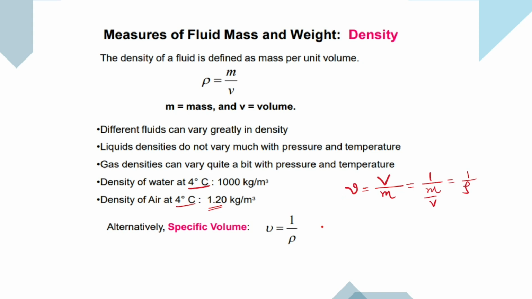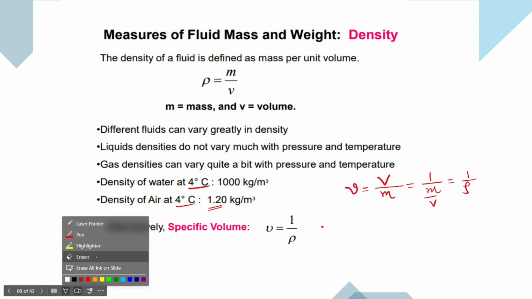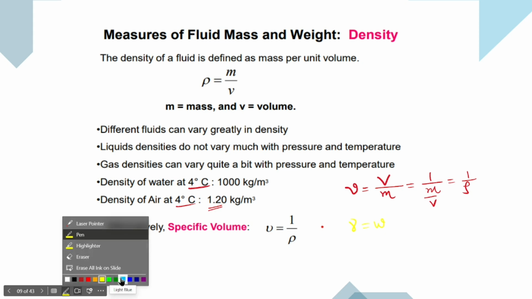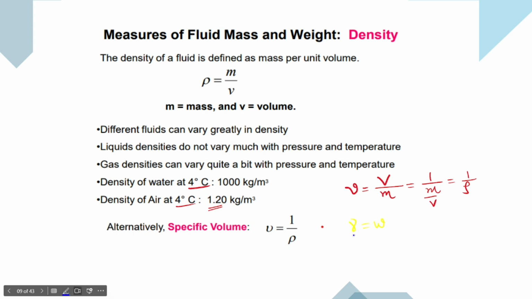Now I want to talk about specific weight. What is specific weight? Specific weight is represented with gamma, and sometimes you will see it as small w. Let me change the color first because it's not very visible. So gamma or w is the symbol of specific weight, and specific weight is equal to weight per unit volume.